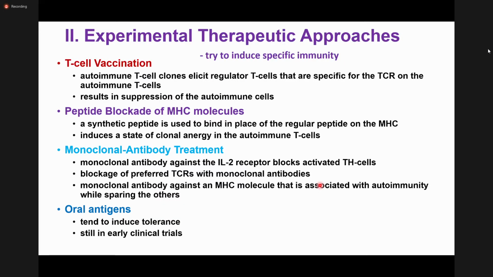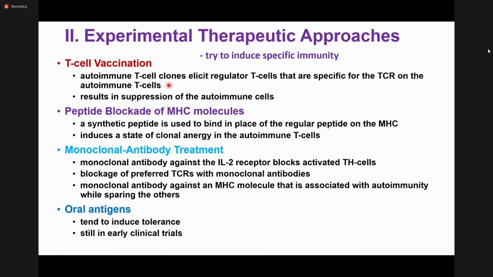And on the other hand, there is another approach that induces the specific immunity. One example that we have here is T cell vaccination. So autoimmune T cell clones from the regulatory T cells specific to the T cell receptor on the autoimmune T cells will reduce the activity of the autoimmune cells. That is T cell vaccination.